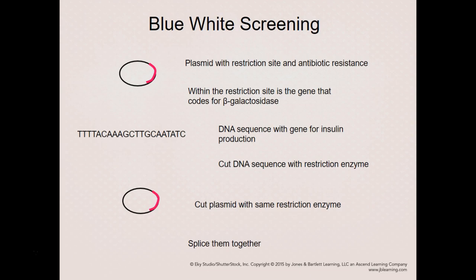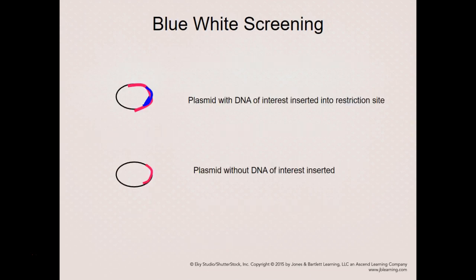So we don't really know if we cut the plasmids all properly, if the DNA was cut properly. We're not going to know if the plasmid takes in the DNA that we care about or doesn't take in the DNA that we care about and just hybridizes together on its own. Then we add bacteria, typically E. coli. E. coli are some of our favorites.